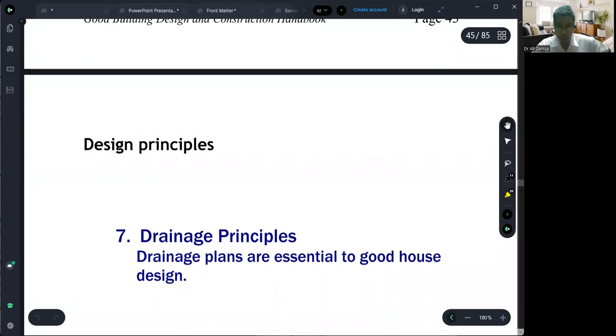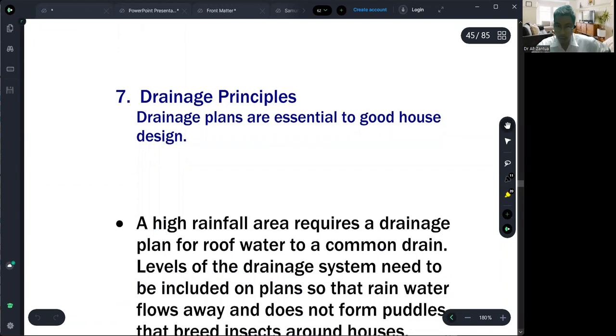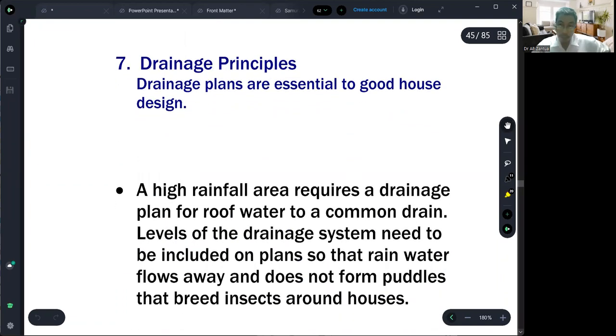So design principle number 7, drainage principle. There are environmental conditions around your lot, around your space, so you need to put up a good preparation for that. A high rainfall area requires drainage because it would what?